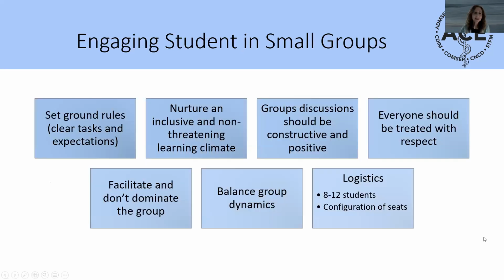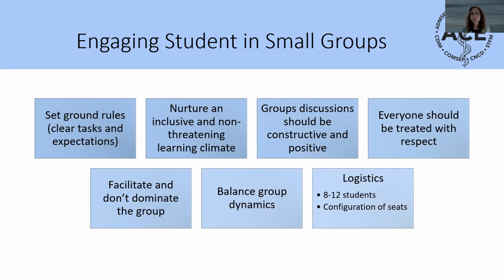However, this very idealistic description of small groups, in order to happen, I think it requires a lot of effort from us as facilitators. So I think it's very important in the very beginning to set some ground rules.